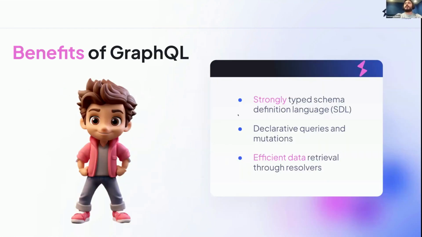So one of the multiple benefits of GraphQL is that it has a strongly typed schema definition language, or SDL for short.